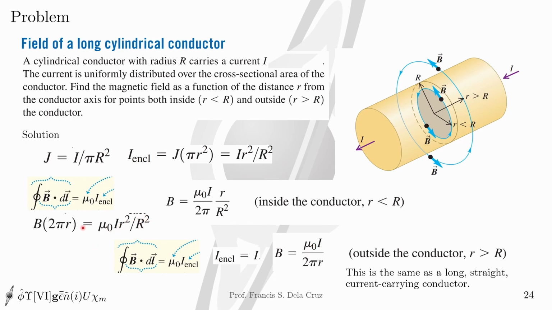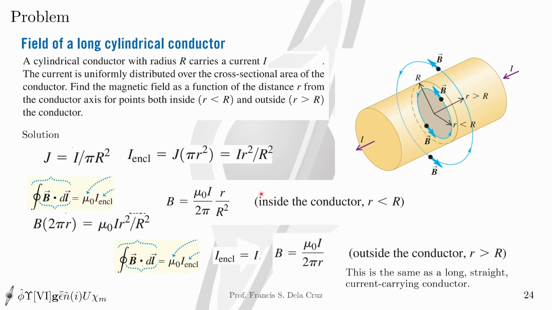Take note, class, that the path is very simple. If you integrate dl from 0 to 2 pi, you will get the circumference of this cross-sectional loop, and that is 2 pi small r. So r squared cancels, and then we have this.